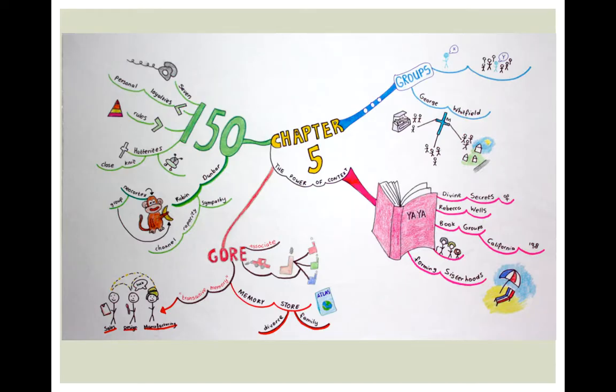Chapter mapping note-making strategy is particularly well suited for science and social studies text. And that's because those texts are usually very well organized with headings and subheadings. Keep in mind that with very dense text, chapter mapping is really best applied to only a section of the text if you have a really dense chapter.